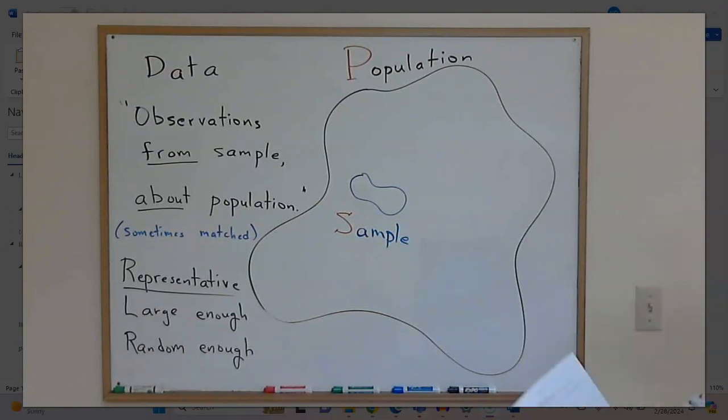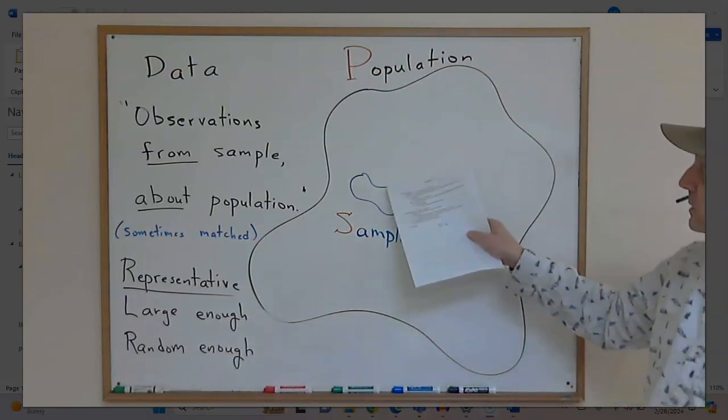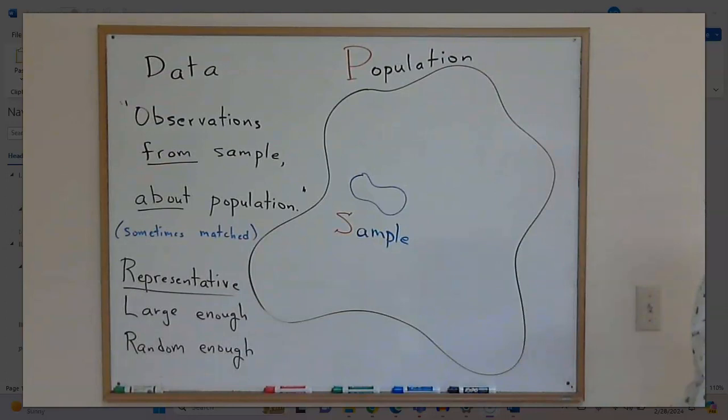So what statisticians generally do is they will cut out a small, relatively large but manageable part of that population, which they call the sample. You can almost imagine this like a little biopsy.